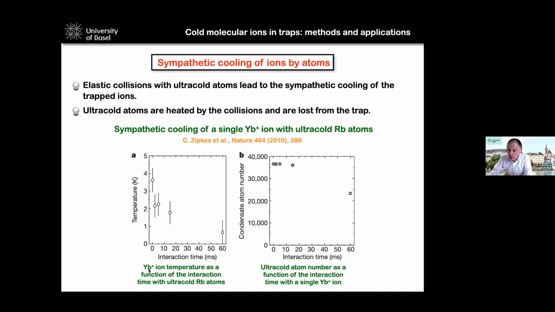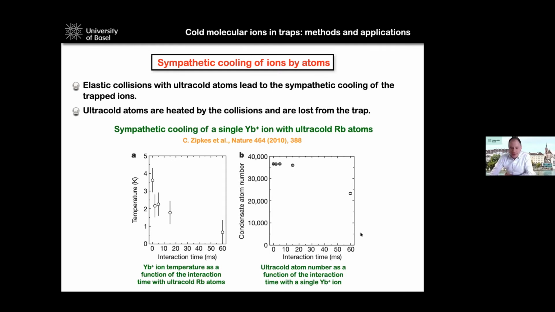In their case, it was ytterbium ions with ultracold rubidium atoms. And as a function of the interaction time, they saw that the ion temperature decreases because of sympathetic cooling of the ions by the atoms. Buffer gas cooling, if you like. It's nothing else than that.